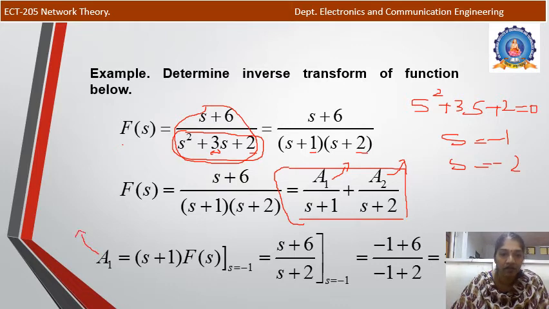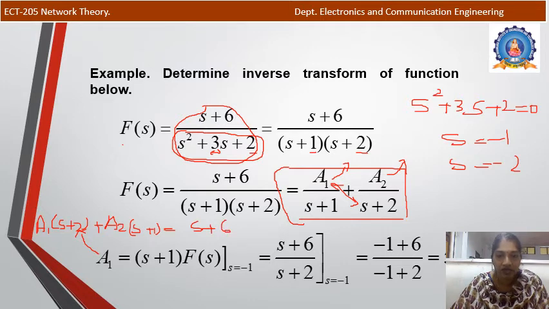This comes from cross multiplying: A1 into the denominator of the other function, that is s plus 2, plus A2 into s plus 1, divided by s plus 1 into s plus 2, will be equal to F of s. F of s here is s plus 6. So the denominators s plus 1 and s plus 2 on the two sides get cancelled.